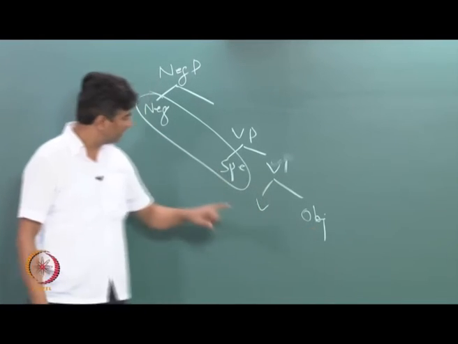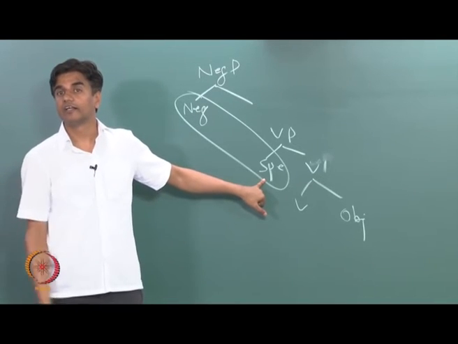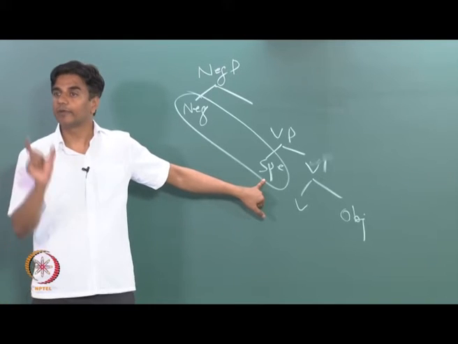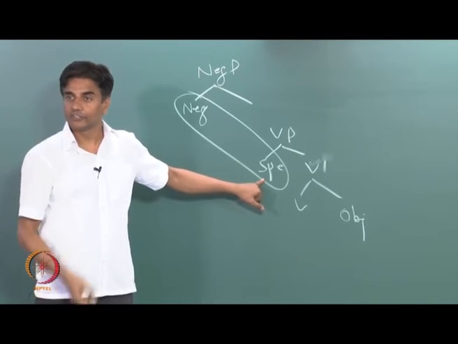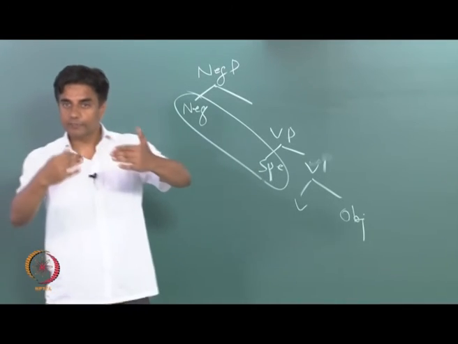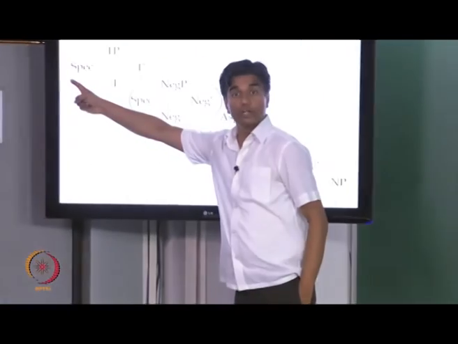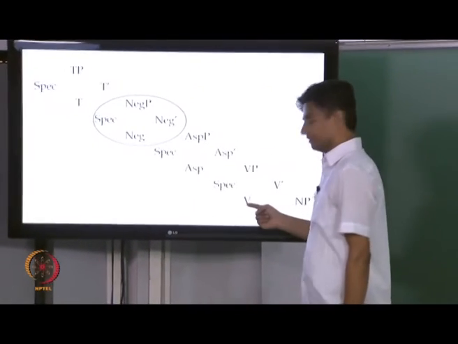However, if it is in the subject position, like एक भी लड़का नहीं आया, right? एक भी लड़का is in the subject position. On the surface level, you have एक भी लड़का here, नहीं here and आया here.